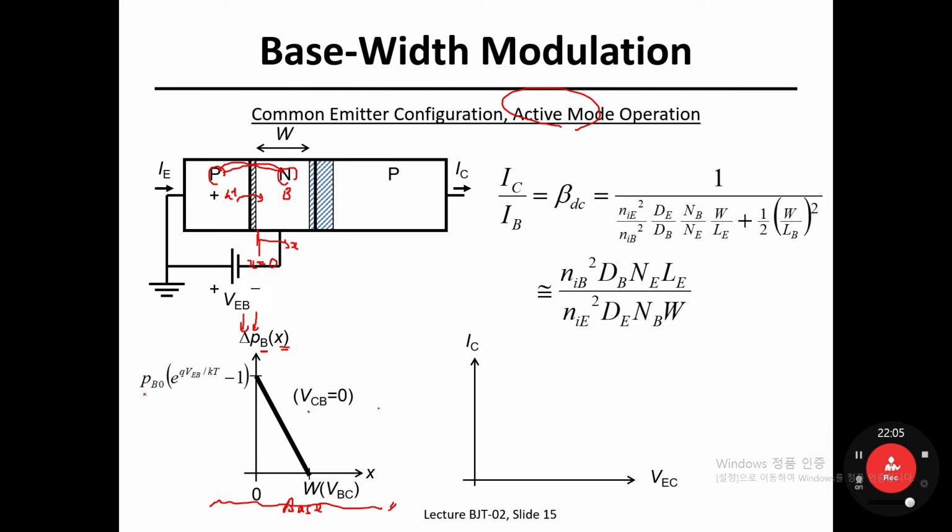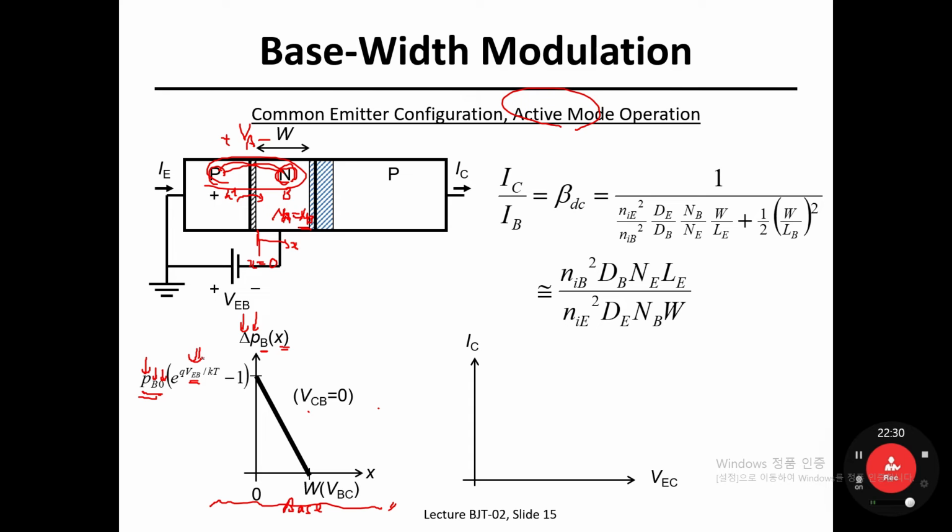At thermal equilibrium in the base, how many holes are present depends on the doping concentration in this N-type base, which is denoted as the base doping concentration, right? And how much emitter-base voltage, I mean the voltage applied across this PN diode.